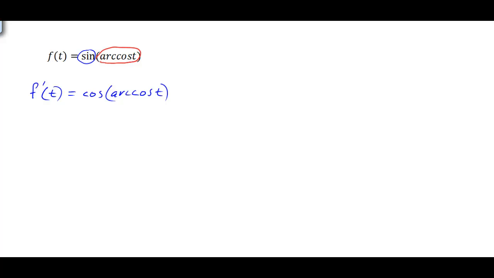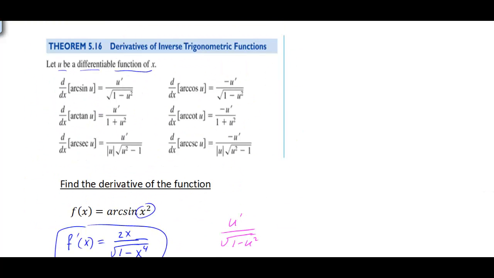Well, if we go up here to the top again, what's the formula for the arc cosine? The derivative of arc cosine is negative u prime over the square root of 1 minus u squared.